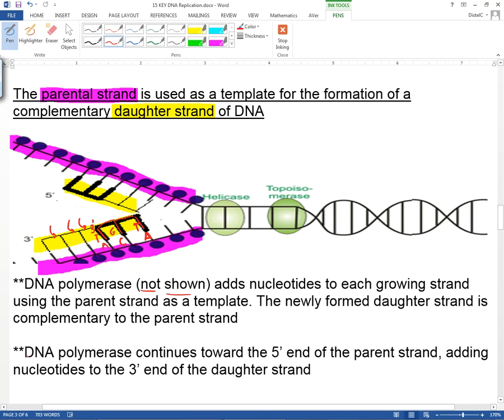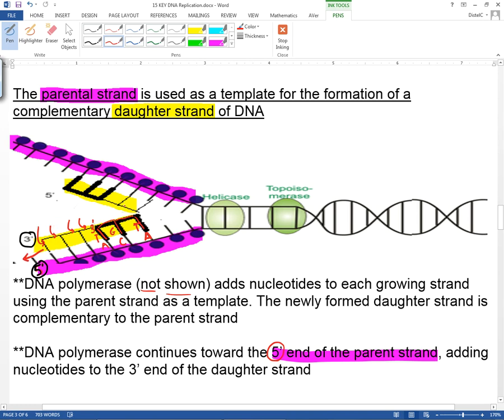Okay. DNA polymerase continues toward the 5' end of the parent, right? So we're talking about the 5' end of the parent. So if I labeled this 5', sorry, maybe I'll switch to black so you can see it a little bit better. Okay, that's the parent. Notice that this is still 3' on the daughter strand, and that's what allows more nucleotides to be added, elongating in this direction.